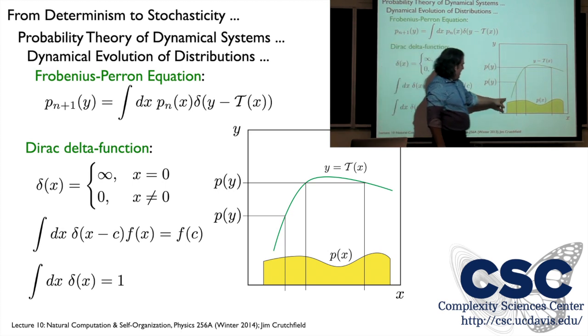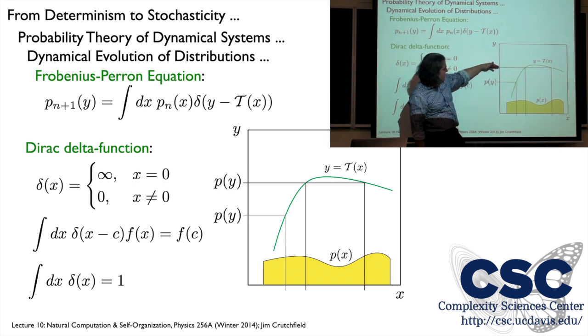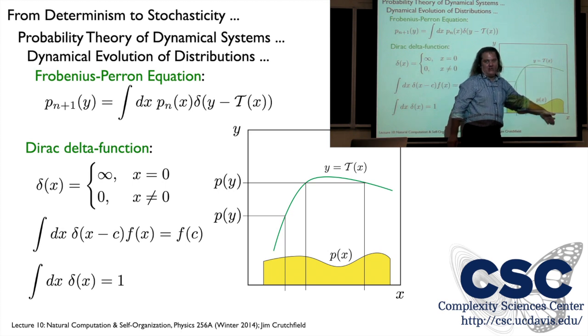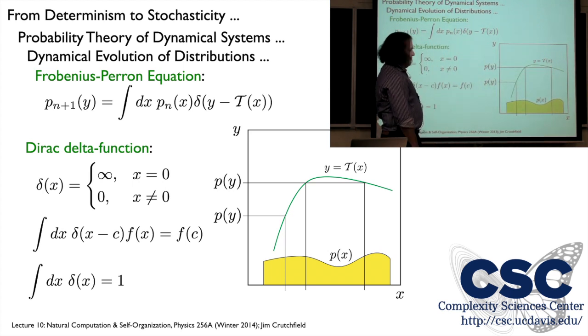And in addition, we automatically take care of there being values in the range of t where I get multiple contributions. So this is very clever, maybe a little bit like a gimmick, but it's nice, and we can use this to calculate various things.